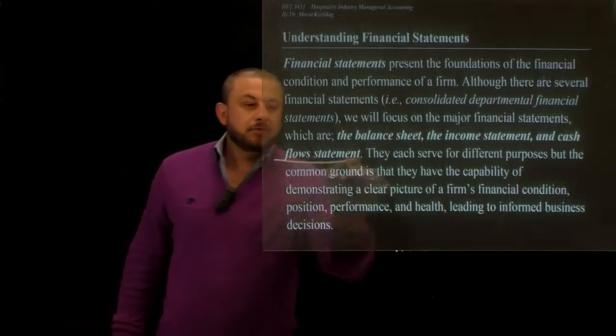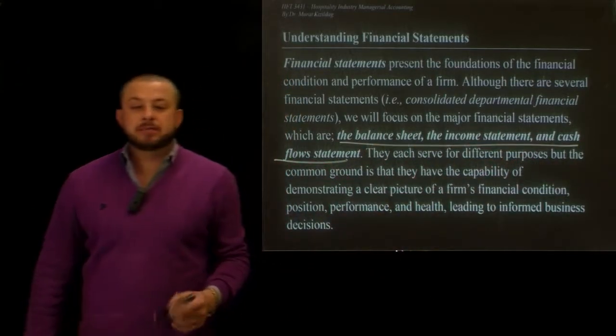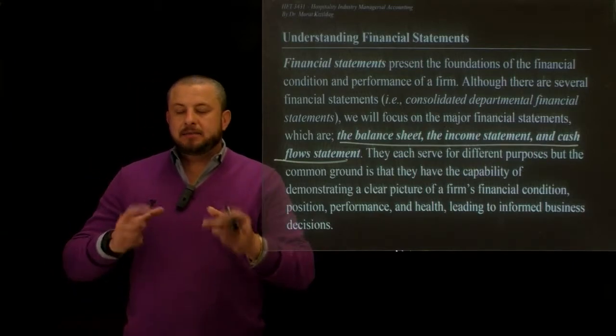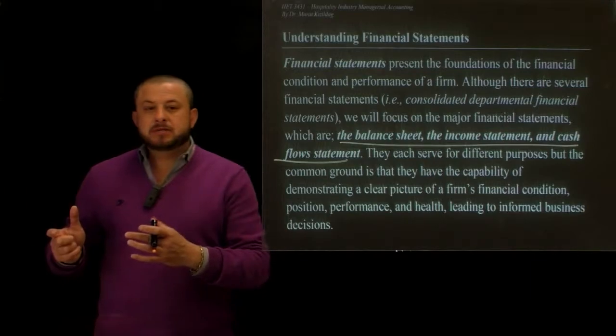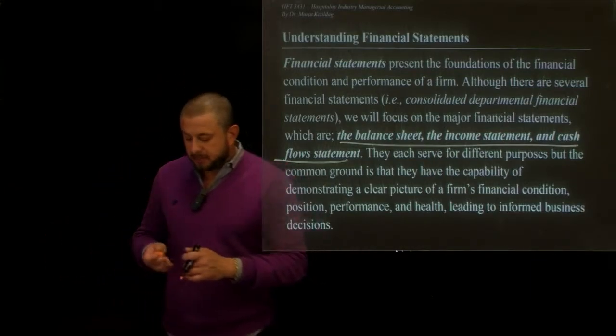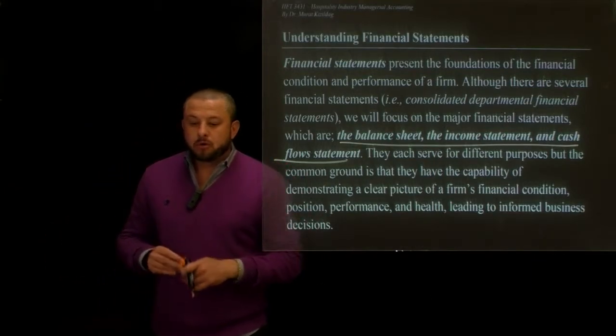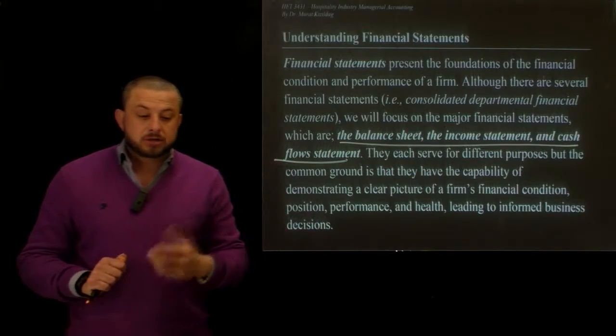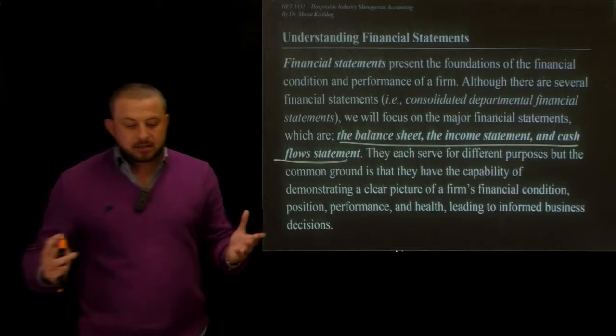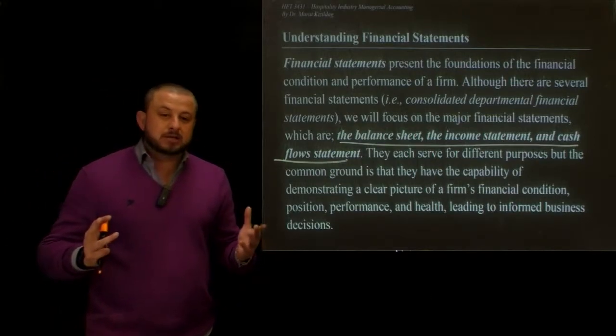Again, there are three major financial statements, even though there are a tiny little bit of other financial statements out there in the business world for hospitality companies. For example, departmental revenues, or statements for tax issues, for specific cost issues, or other tiny itty-bitty financial statements.